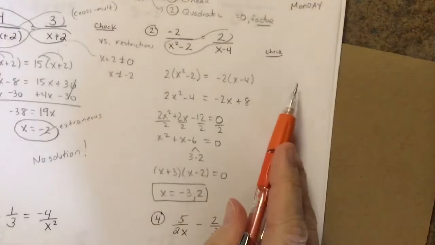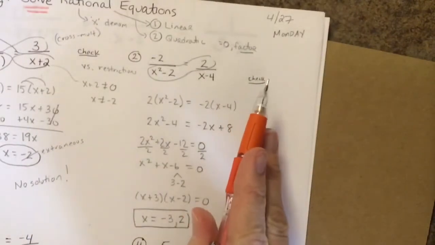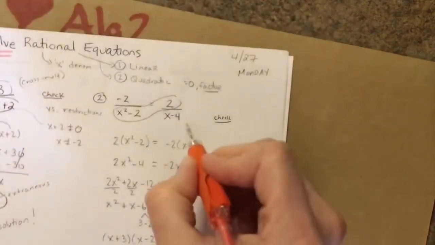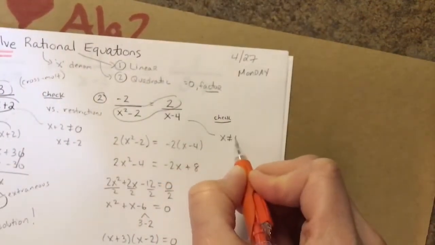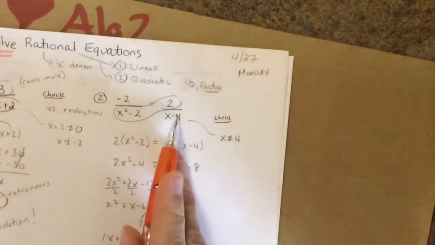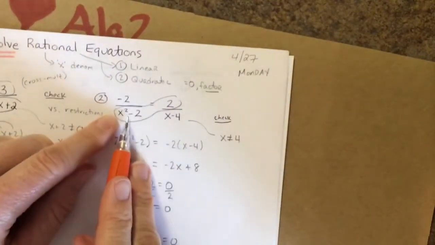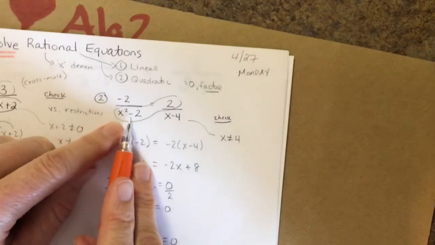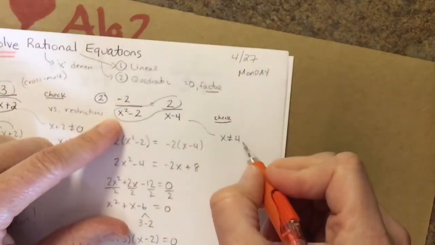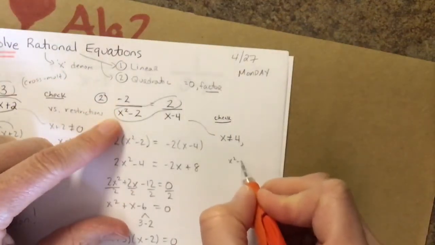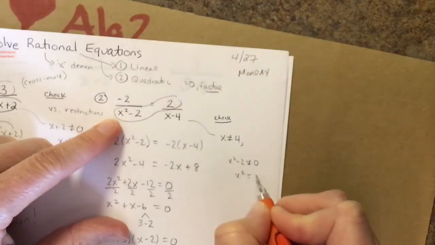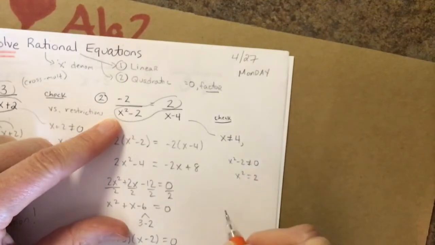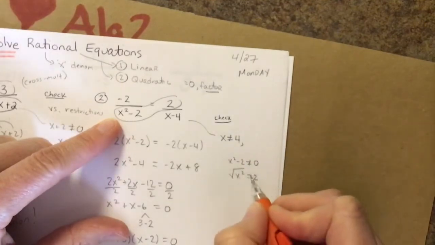Now, are either extraneous? Well, all I need to do really is check versus the restrictions. From x minus 4, x is not allowed to be 4, because 4 minus 4 is 0. Now this quadratic actually has 2 zeros. If I set x squared minus 2 not equal to 0, I add 2, and then opposite of squaring is square root.